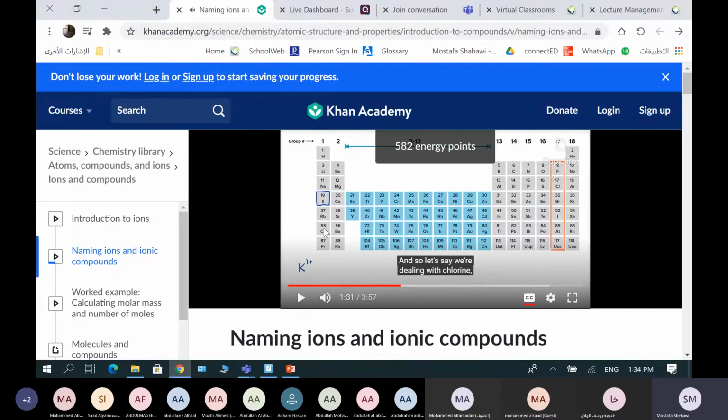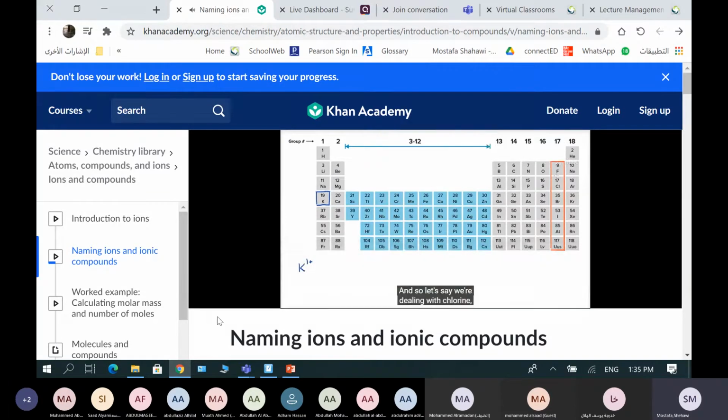So group 1A tends to lose 1 electron like potassium and turn into a positive ion, a cation. And here the halides, group 7A or group 17, tend to gain 1 electron, so they will have the outermost shell completed with electrons. So they would love to gain 1 electron and turn into a negative ion, or anion. And chlorine is able to ionize, so it's able to grab an electron.